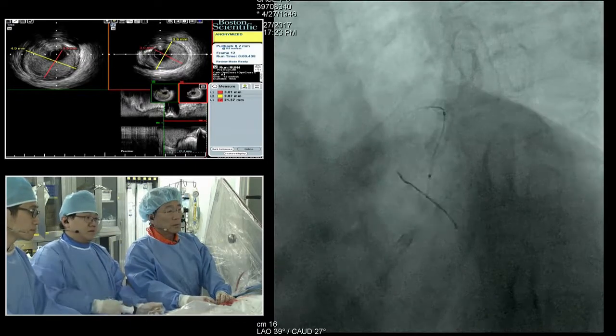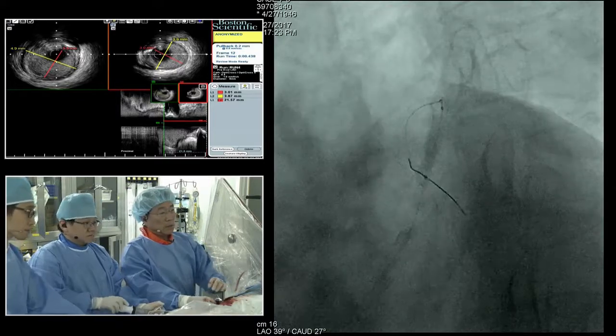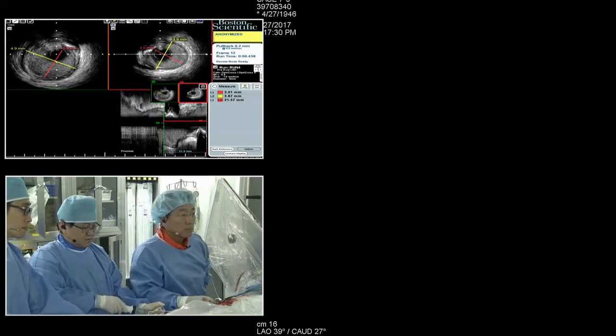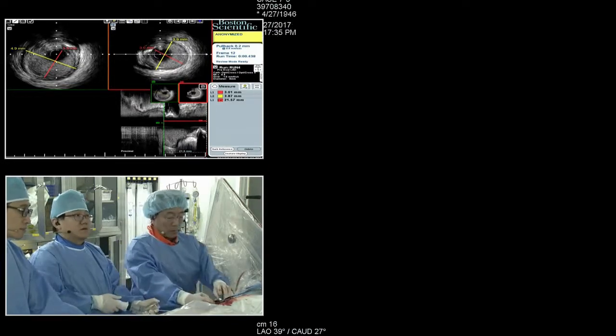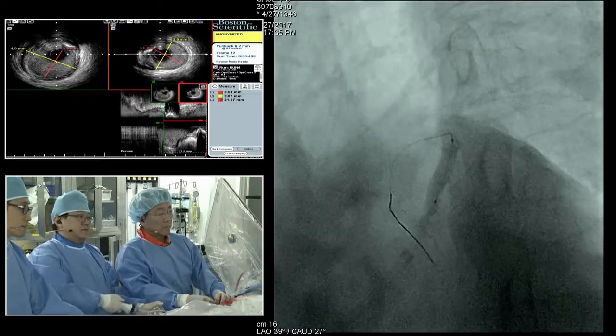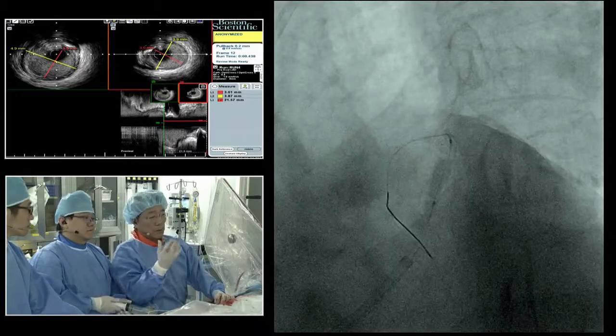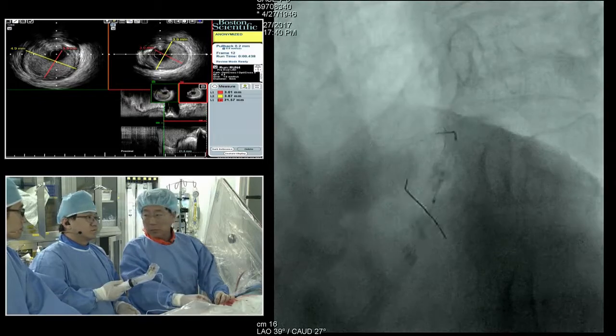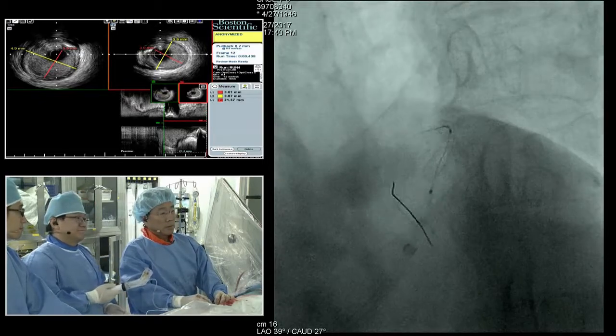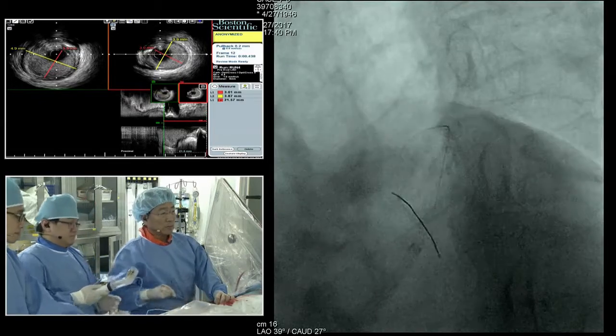Inflate. To 18, 20. What about the 20? 3.5. Okay, deflate. Balloon inflation for the proximal part of LAD. Some balloon damage over there. However, we're going to see what's happened.